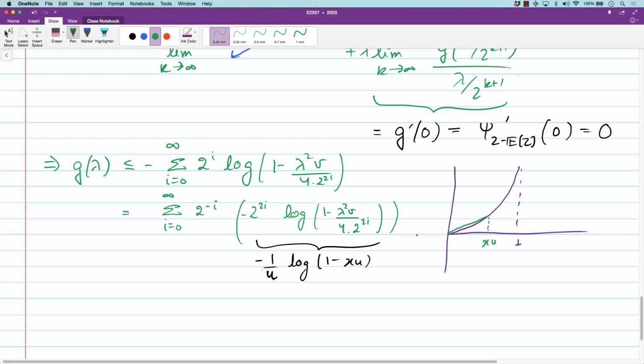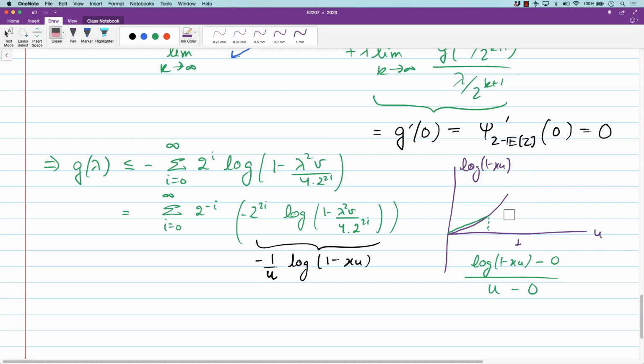Actually, what I would like to do is plot log of 1 minus xu as a function of u, for u between 0 and 1.